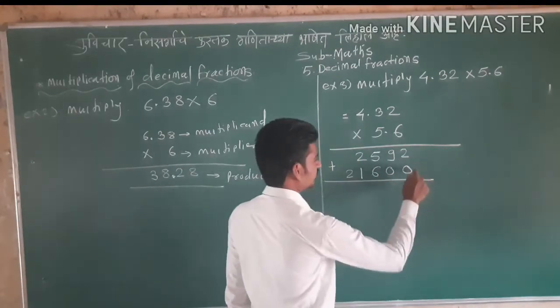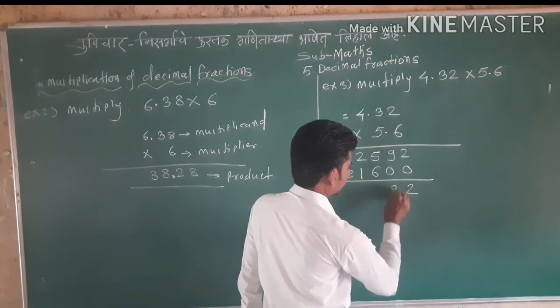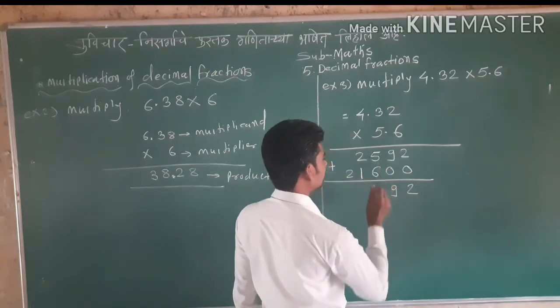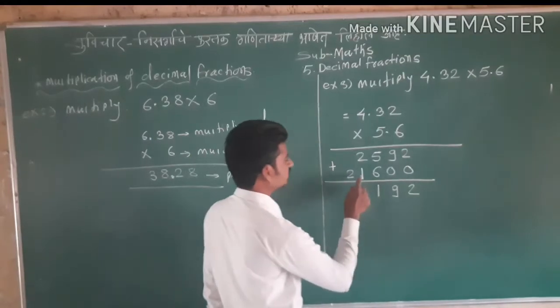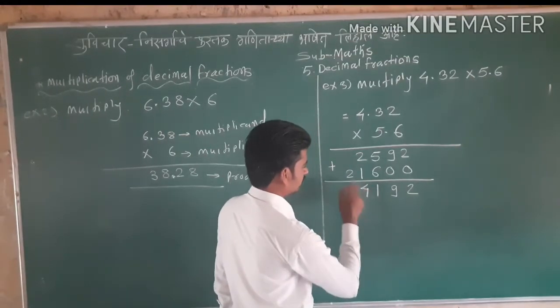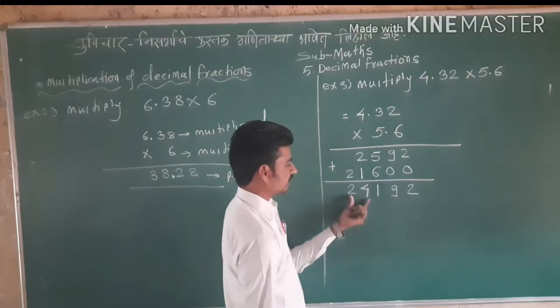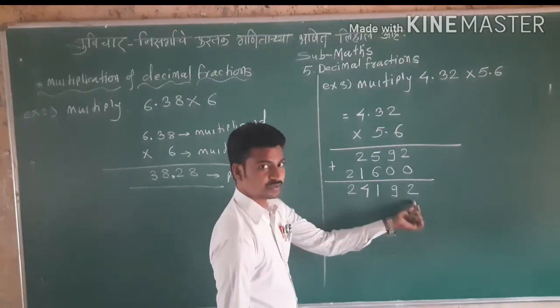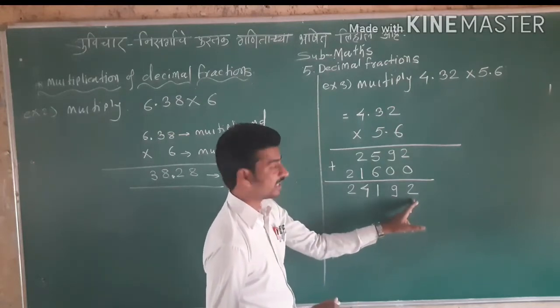Addition here: 2 plus 0 2, 9 plus 0 9, 6 plus 5 11 carried over 1, 1 plus 1 2, 2 plus 2 4, 2 as it is. We get the answer 24,192. तुमच्या लक्षात आले का पहा 24,192 हे उत्तर आले.